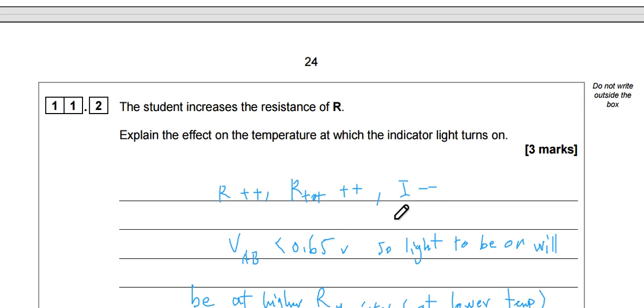We cannot use Ohm's law to judge whether the potential across AB will increase or decrease this way. But we can say that as current decreases, the potential across the thermistor will decrease because the resistance of the thermistor remains constant at 37 degrees Celsius. And as the potential across the thermistor decreases, the potential across AB should increase.